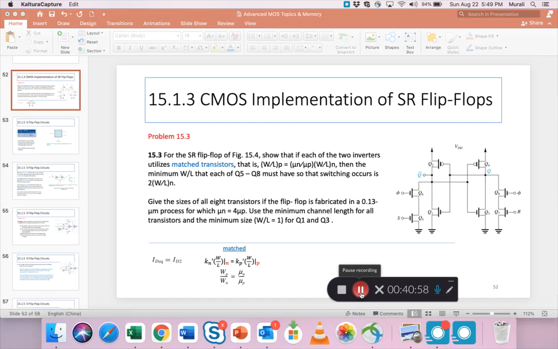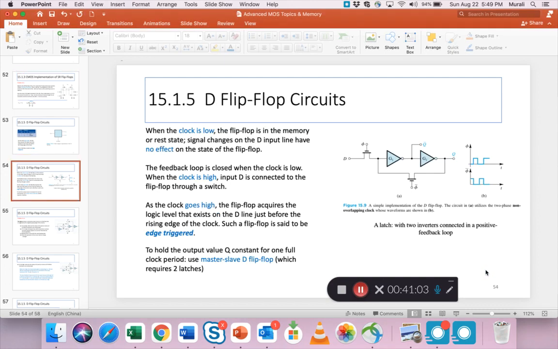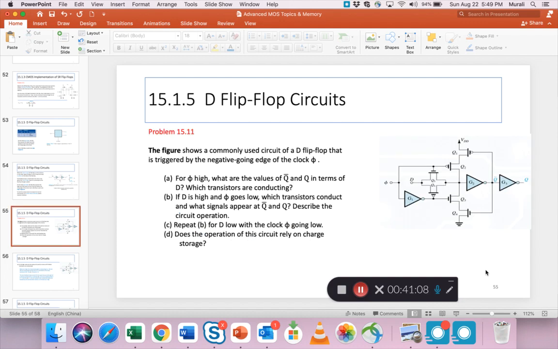Okay, so we finished this, and we have one problem related to D flip-flops. Now this is an interesting problem. We are not actually doing any W by L calculations and drain current calculations and all that. It's just a descriptive question and a descriptive solution, no numbers to be done.